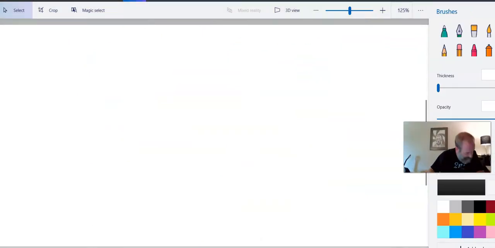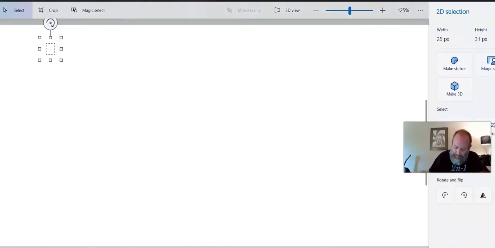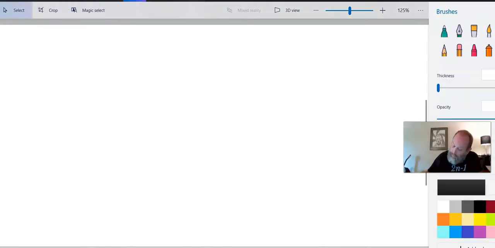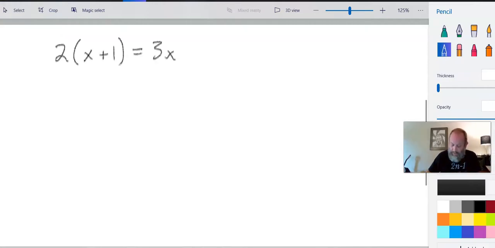Okay, our next example, let's take a look at this here. We got, oh, here we go again. Let's say 2 times x plus 1 is equal to 3x. Now you notice this does look different than what we've seen before.